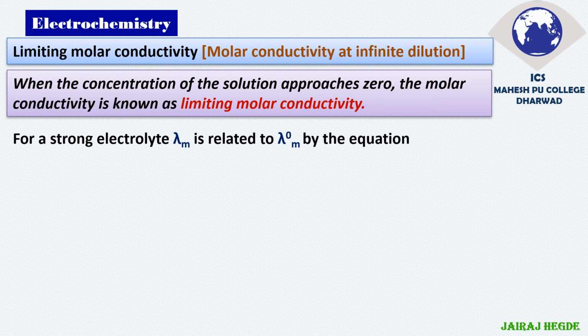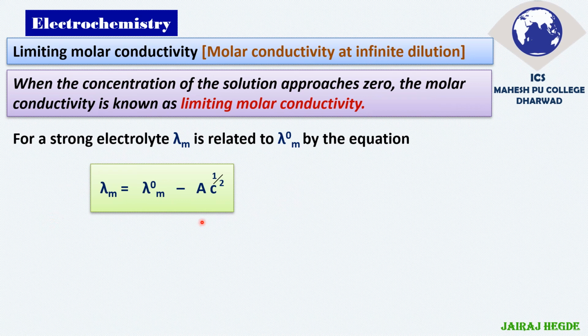Let us take an example. For a strong electrolyte, lambda m is related to lambda m naught by this equation. We call this equation the Debye-Huckel-Onsager equation. In the last session, probably you have seen, we have taken the graph of lambda m versus root c. We have not taken lambda m versus c, we have taken lambda m versus root c. That is because of the Debye-Huckel-Onsager equation.